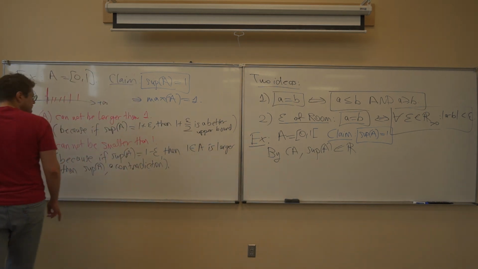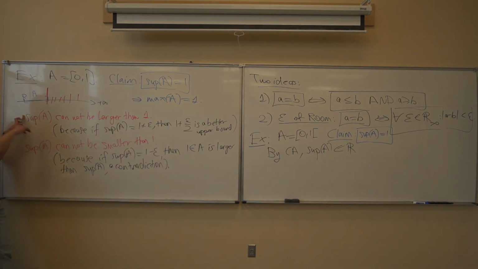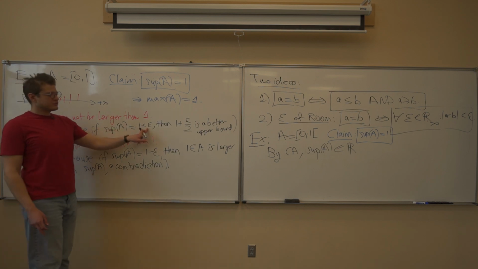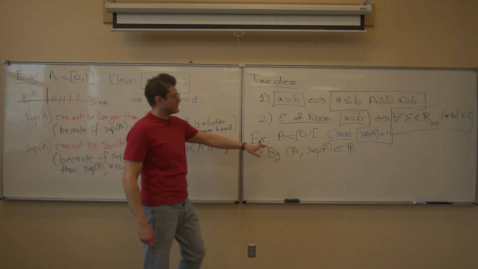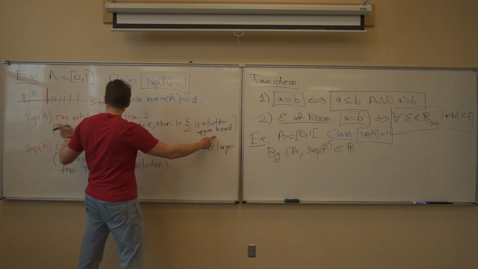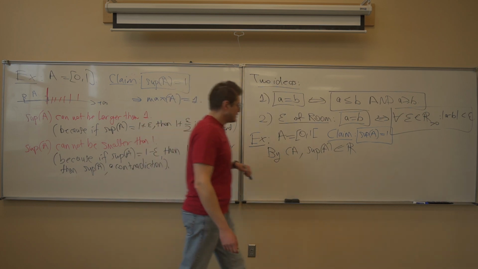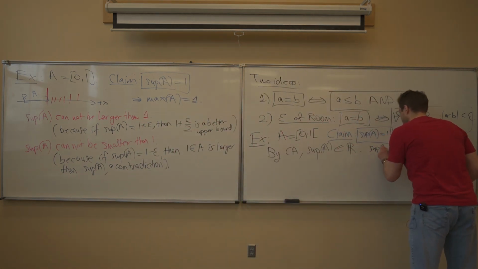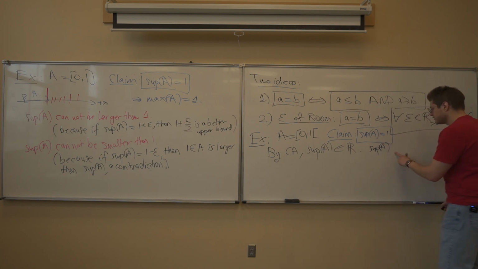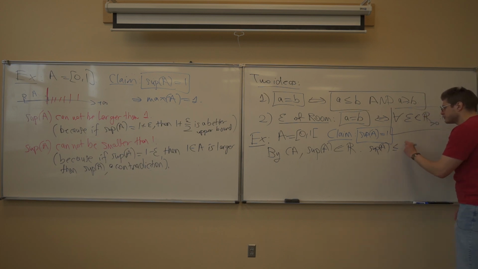Now you're going to realize that this first part follows through. If 1 plus epsilon were an upper bound, well, 1 plus epsilon over 2 is an upper bound for this, so this part goes through immediately. So it cannot be greater than 1. It is bounded from above by 1, as before.